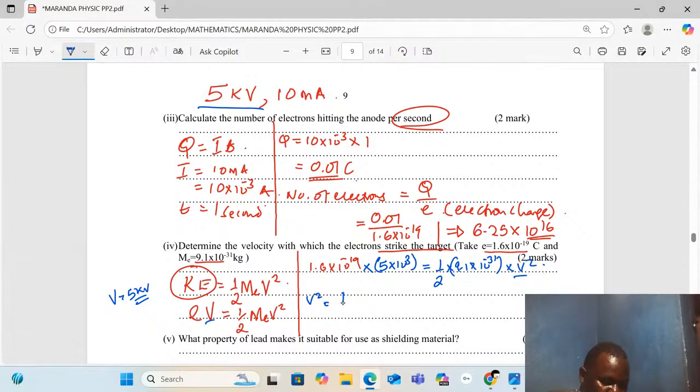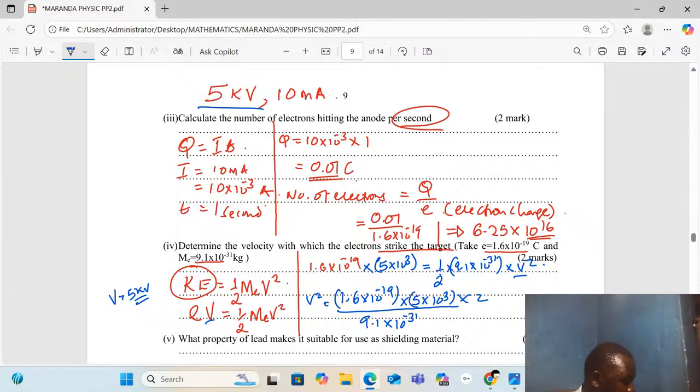So it will be 1.6 times 10 raised to power negative 19 times 5 times 10 raised to power 3, multiplied by 2, divided by 9.1 times 10 raised to power negative 31.